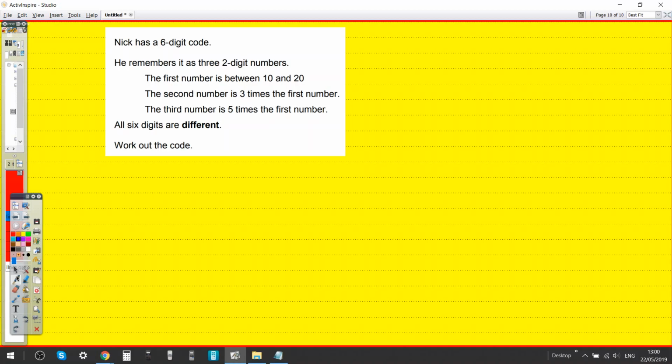Okay, so it's going to be between... So the first one is between 10 and 20. The second one has to be 3 times more than the first. So the third is 5 times more than the first one.